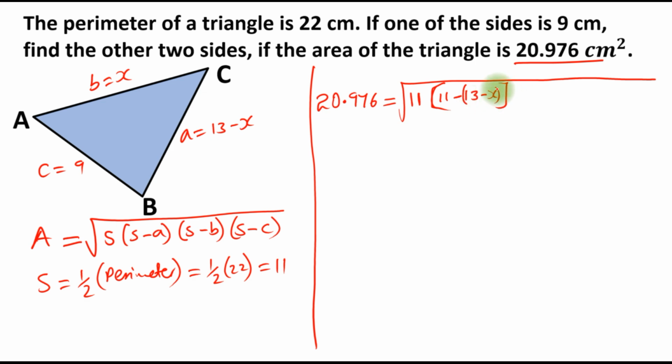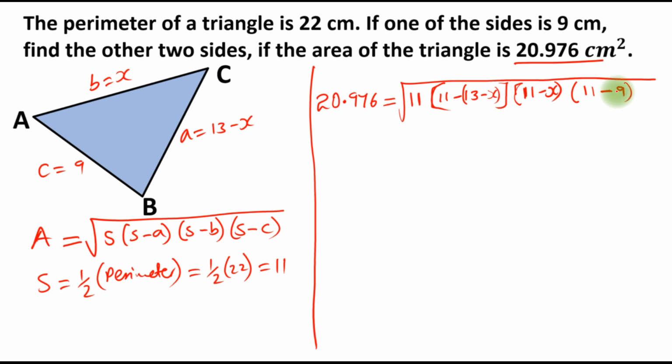Then multiplied by S minus B, that is 11 minus x. Remember, we use one variable so that we can easily solve it. Then multiplied by S minus C, which is 11 minus 9.